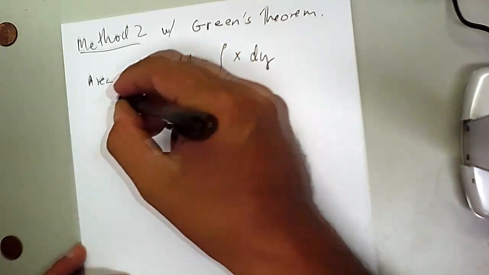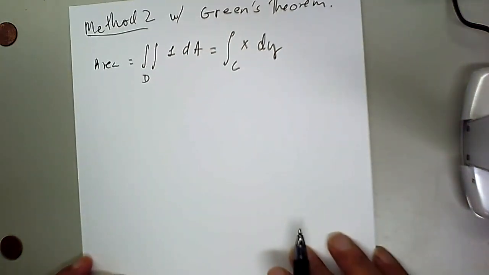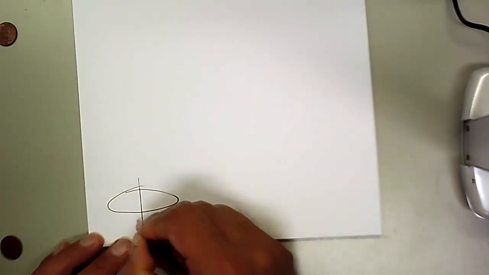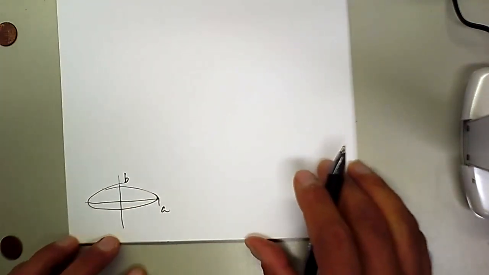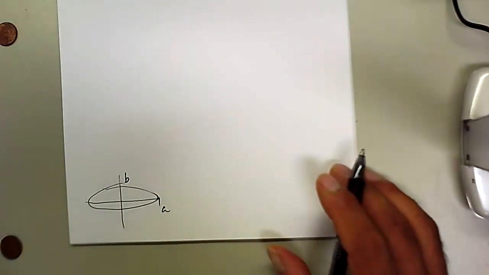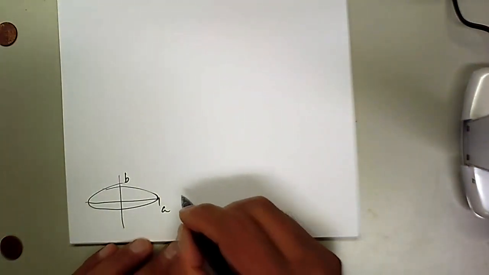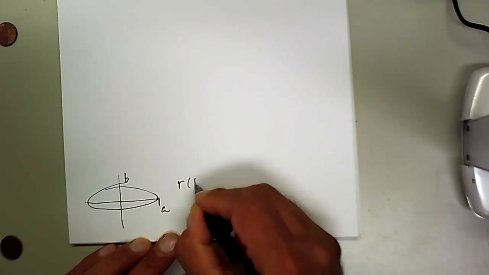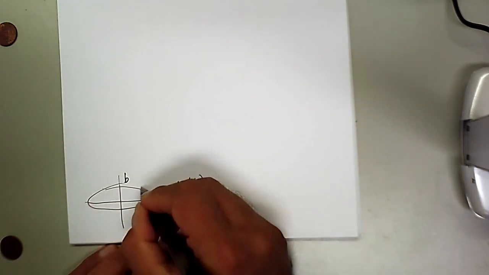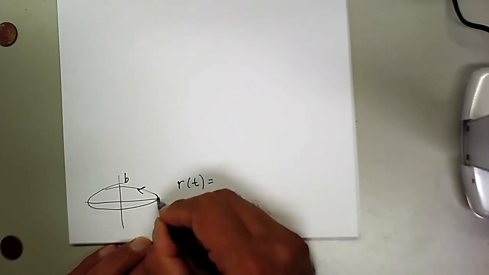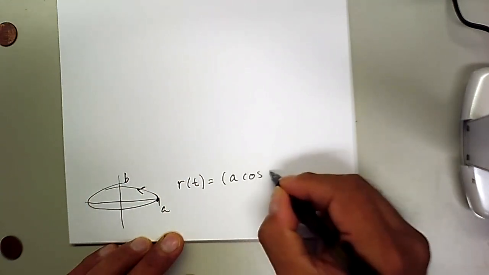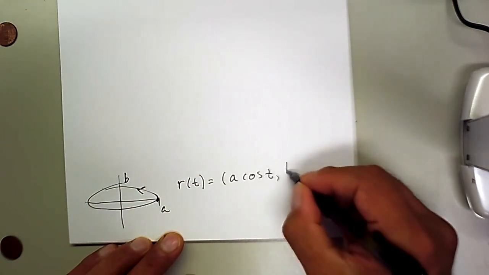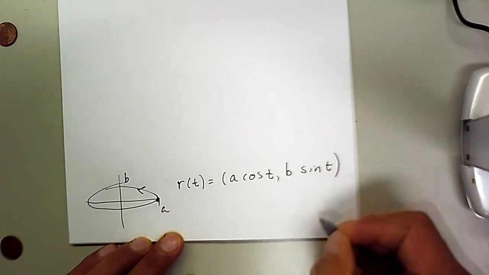So we got an ellipse, with semi-axes A, B. This should be fairly short. If we didn't know this, now we're going to learn it. It is well known that the parametric function that draws this ellipse, starting here and going around, is A cosine t, comma, B sine t.